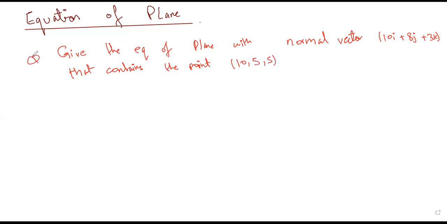Okay. Now this is the question. Give the equation of the plane with normal vector this that contains the point this.